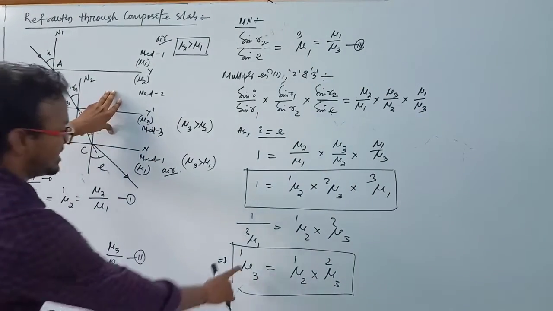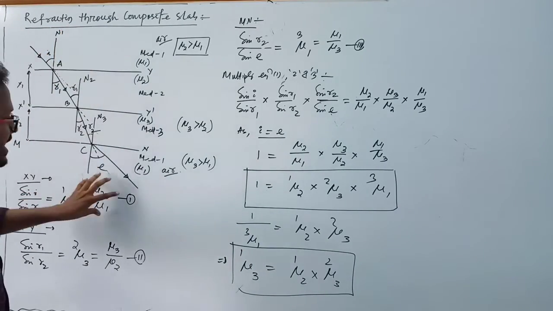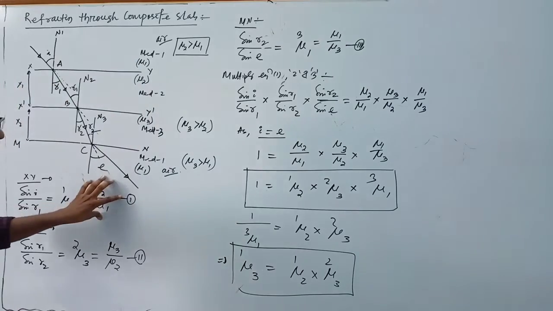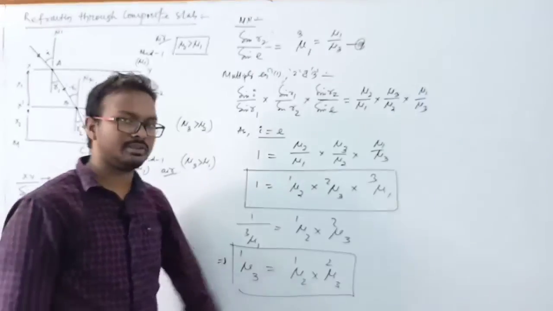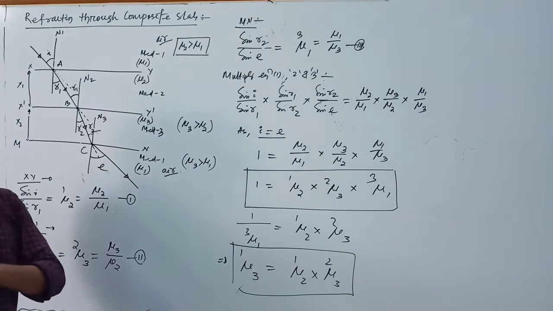That means it always depends on the first and last medium. If the first medium and last medium are given, then we can calculate the refractive index. Clear? So these are the refraction through a composite glass slab.